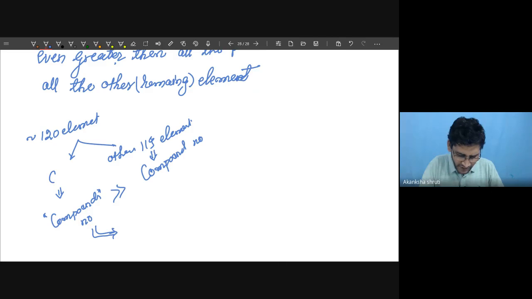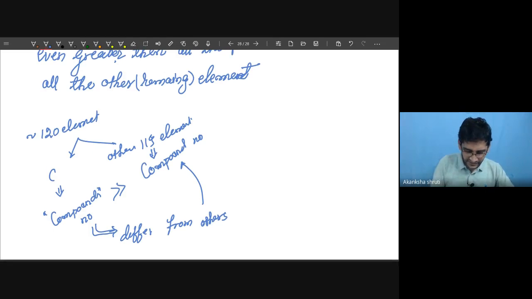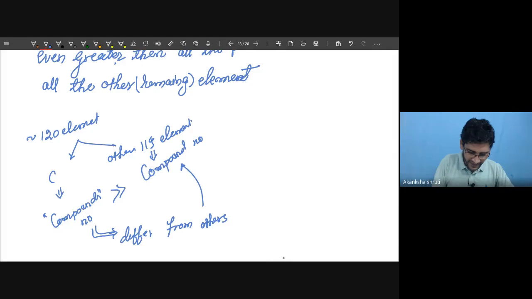So they are different from others. Students, as a result, this is studied as a separate branch of chemistry called organic chemistry.